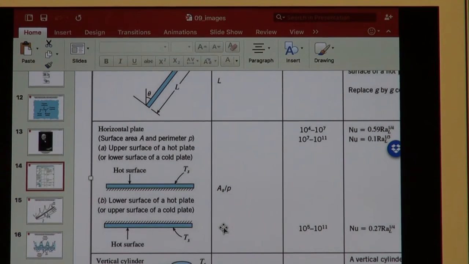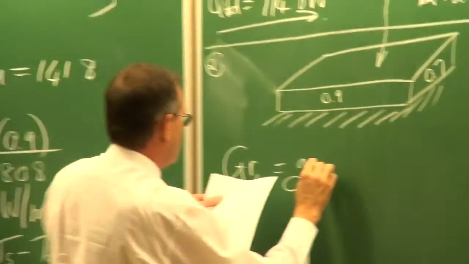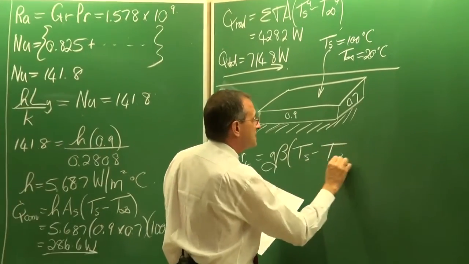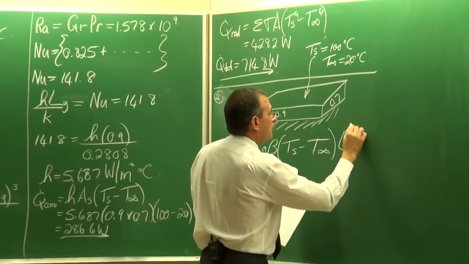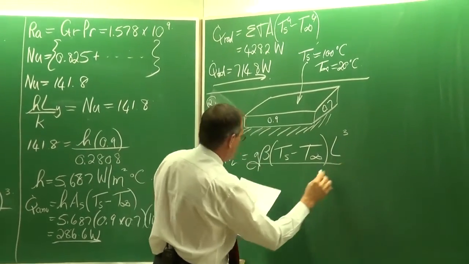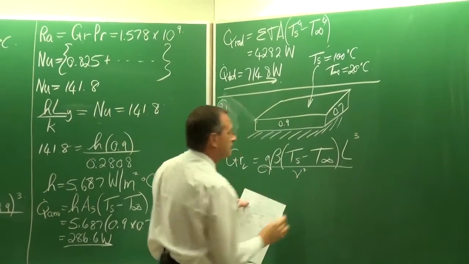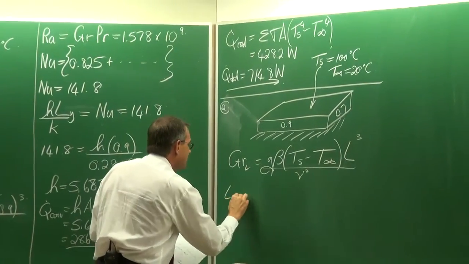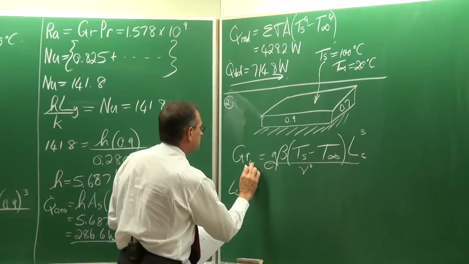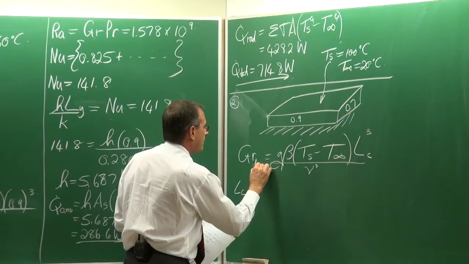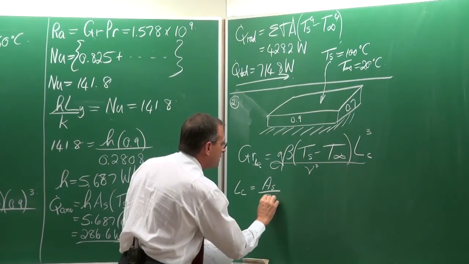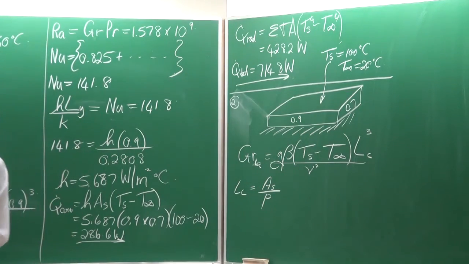So for the Grashof equation, which is equal to g, beta multiplied by Ts minus T infinity multiplied by the characteristic length to the third, divided by the kinematic viscosity squared. What it now says is that this characteristic length, LC, is equal to the surface area divided by the perimeter of the plate.